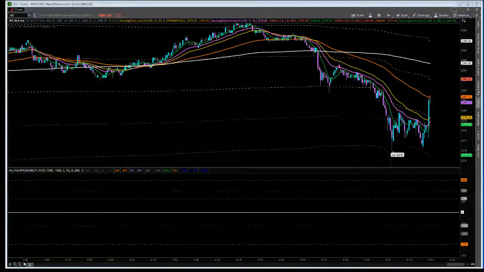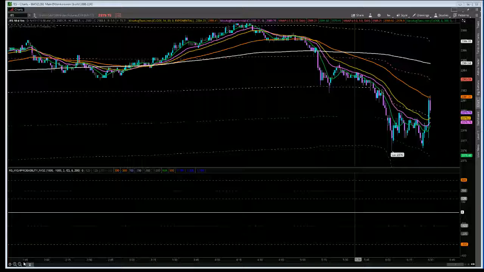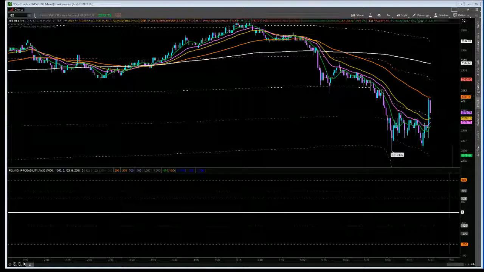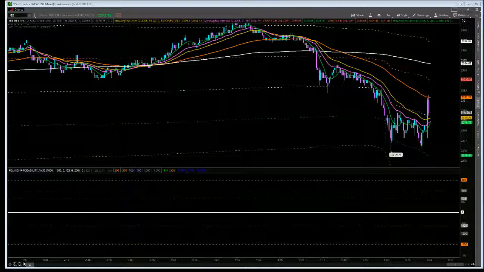Five-minute chart hitting the center of the Bollinger. Gonna pull back here for a little bit of retracement. I took a quick scalp on that. There's a quick, easy one. Market had overextended too much.